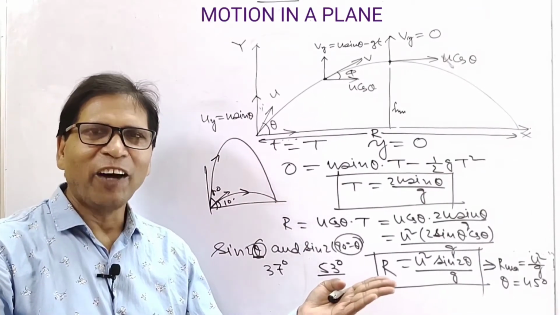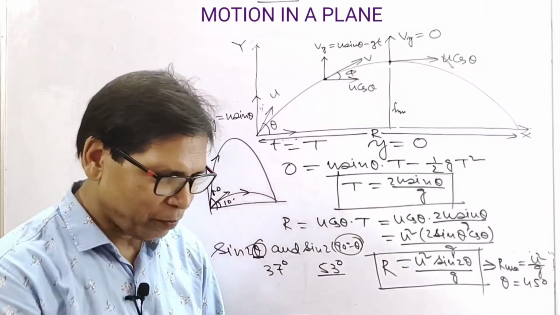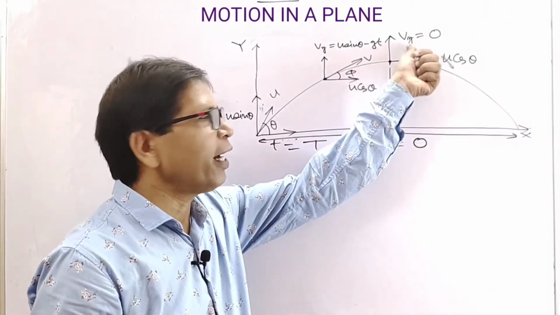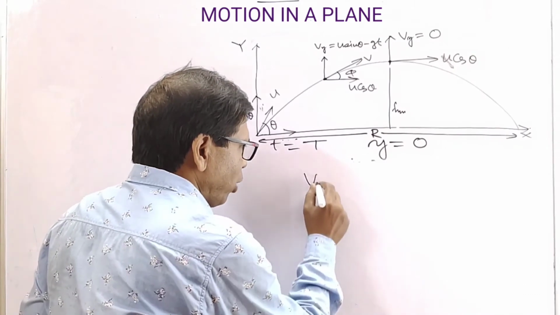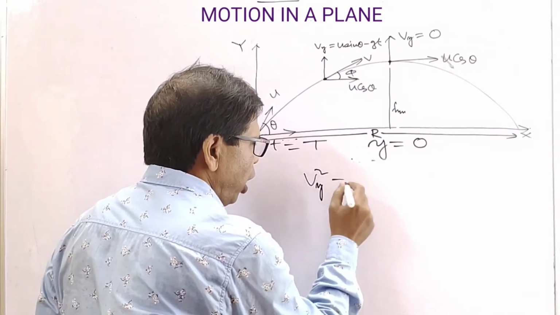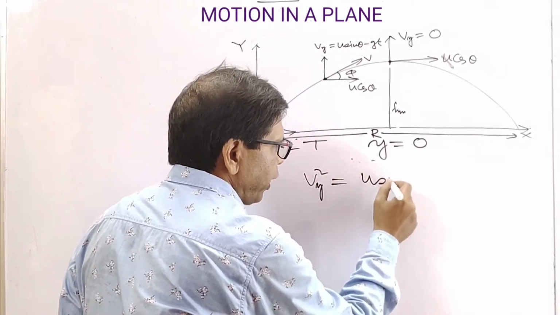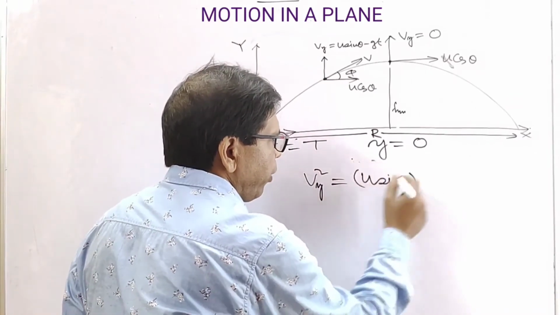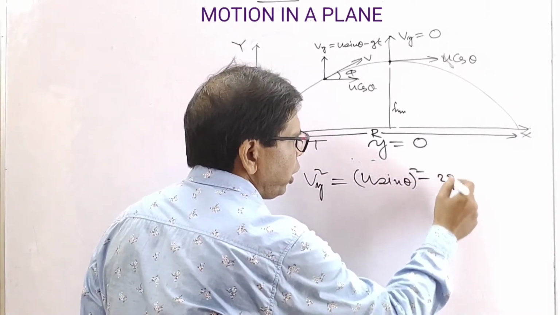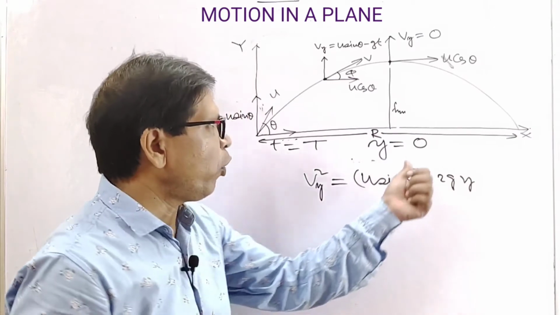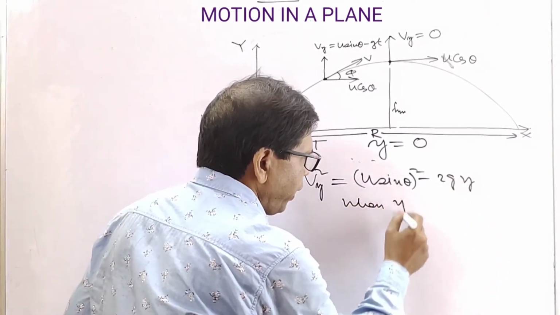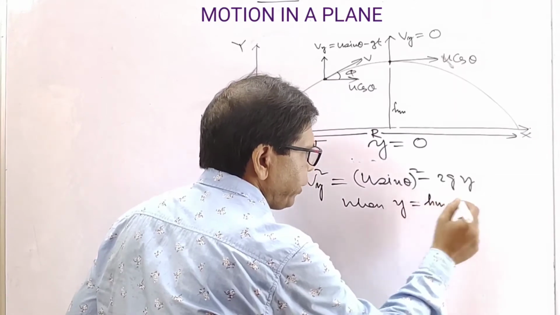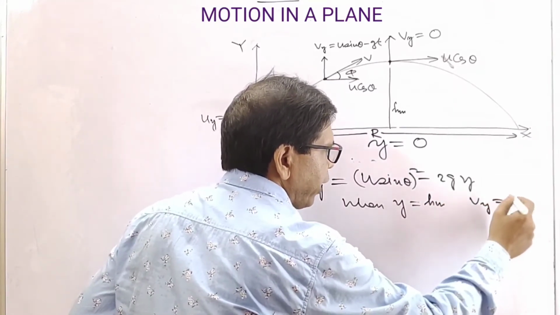Okay. Now the maximum height. At the maximum height, the vertical component of velocity is 0. Now vy square equals (u sin theta) whole square minus 2gy. So when y equals the maximum height hm, vy is equal to 0.